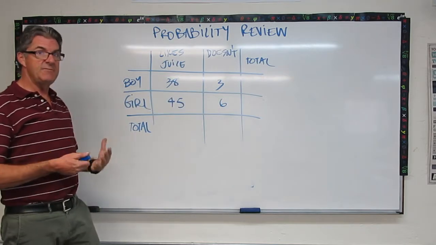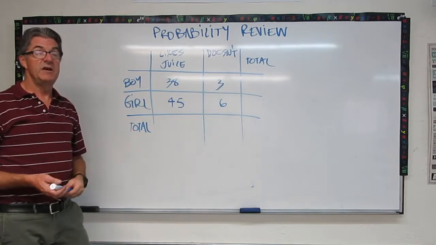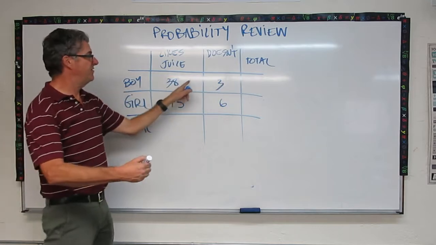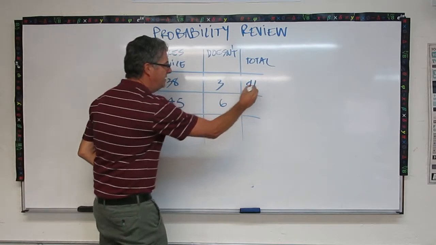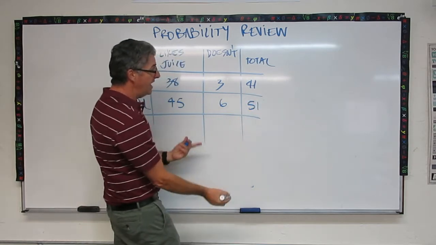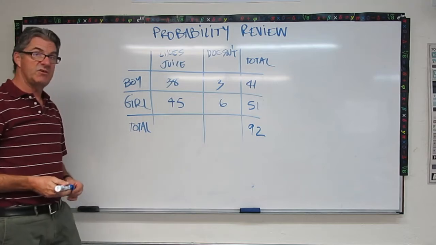So when we have a table like this, we need to fill in our totals because those numbers are key for calculating probabilities. So to get the number of total boys, we just add these two up, that's 41. Total girls is 45 plus 6, that's 51. So now we know that we have 92 total people that we've asked this question.